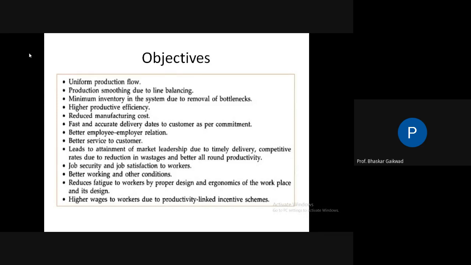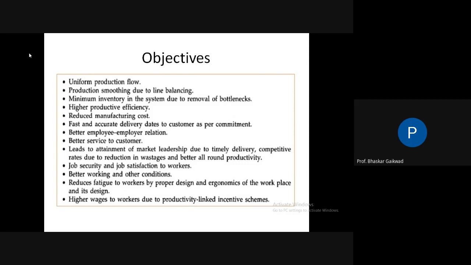Suppose we have given a commitment to the customers, and if we achieve that delivery date and keep the cost low, then whatever competitors are in the market, accordingly we can face the problems related to the rates of this product.